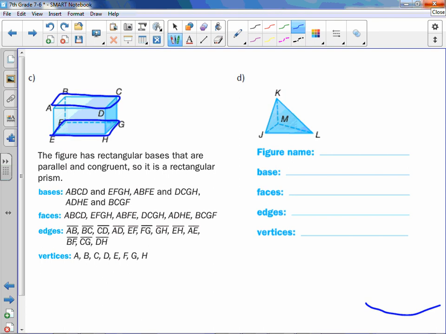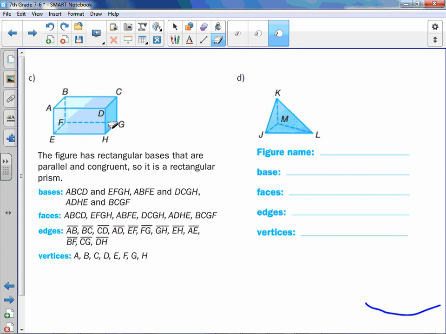You could also say, since it's a rectangular prism, you may not be so sure what your bases are.